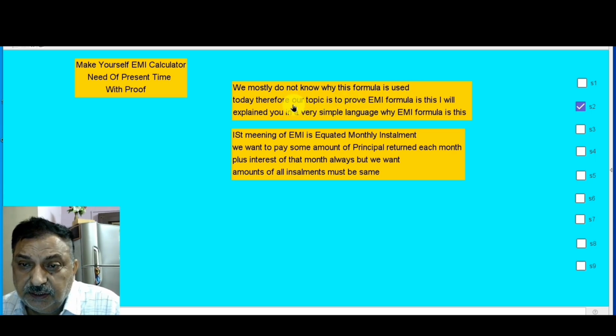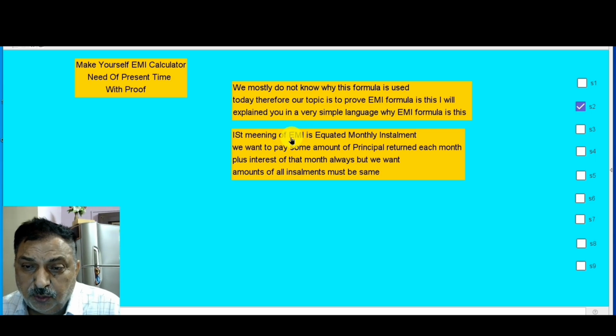Therefore our topic is to prove the EMI formula. I will explain in very simple language why the EMI formula is this. We know this is a formula, but why it is true, I will explain in simple language.